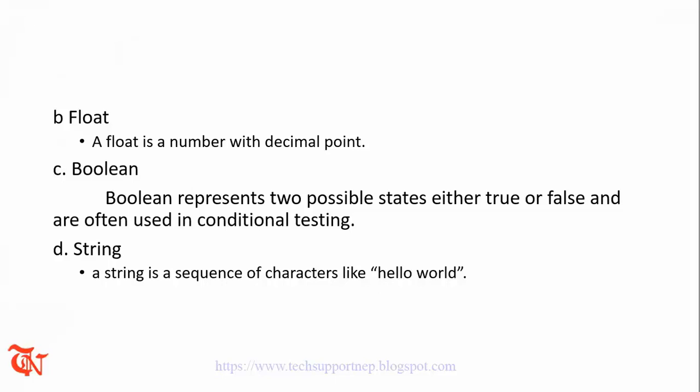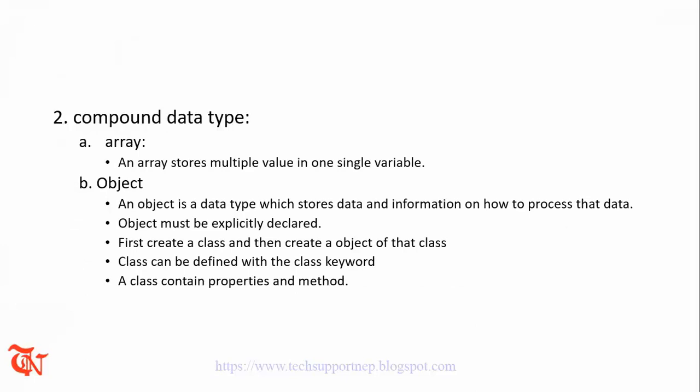A boolean represents two possible states, either true or false, and is often used in conditional testing. The next one is a string. A string is a sequence of characters. We must use quotes in order to define the string data type in PHP and almost all programming languages.